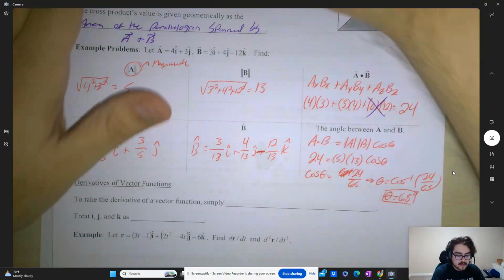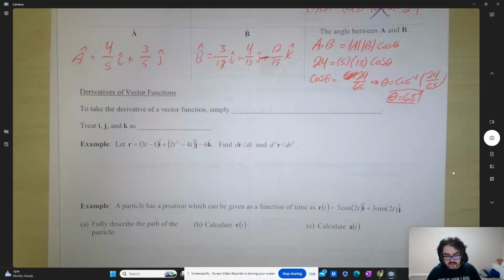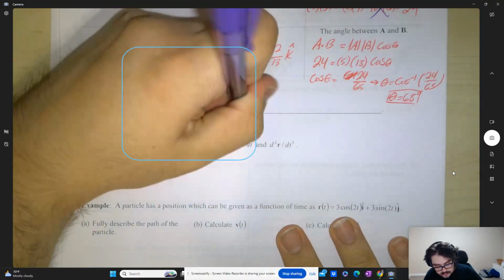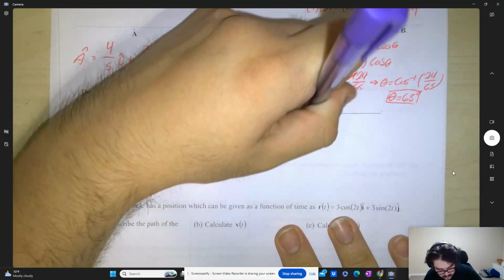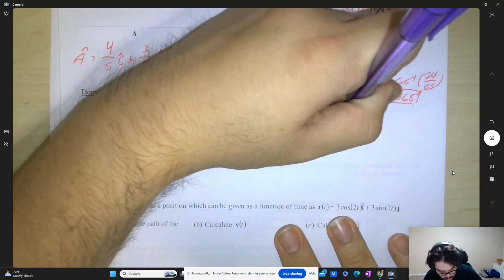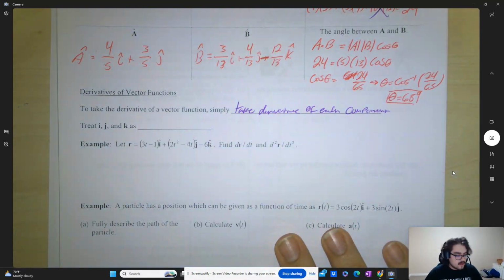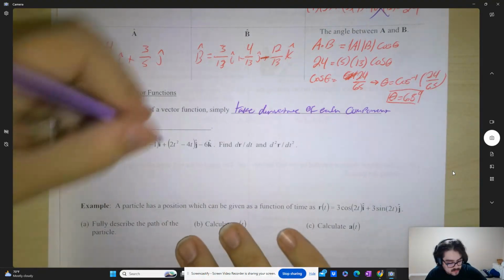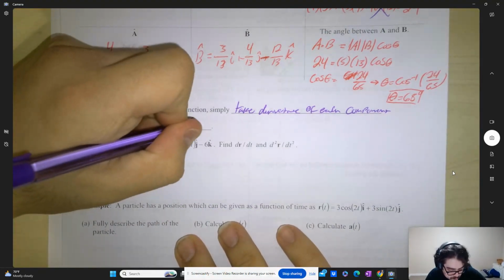Okay. Derivatives of vector functions, really easy. All you've got to do to take the derivative of a vector function is just take the derivative of each component. So you treat i, j, and k as constants, which means you're just going to leave them alone.